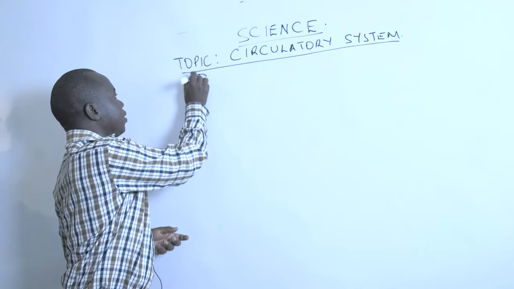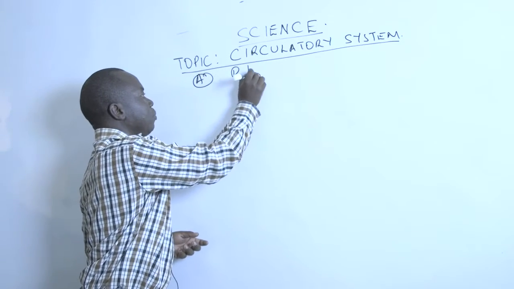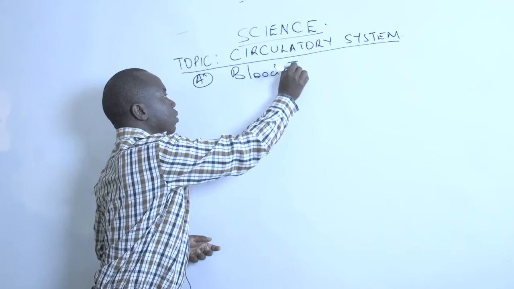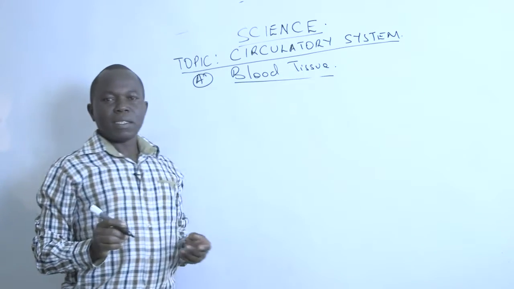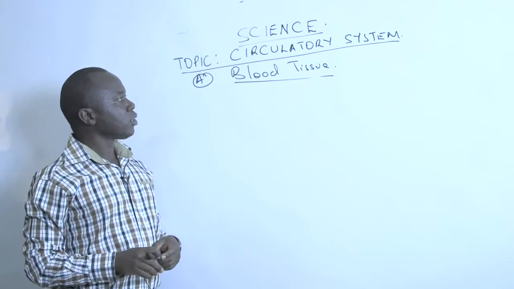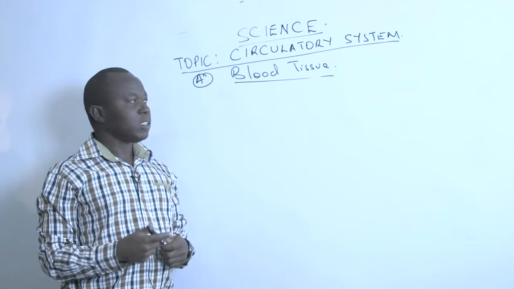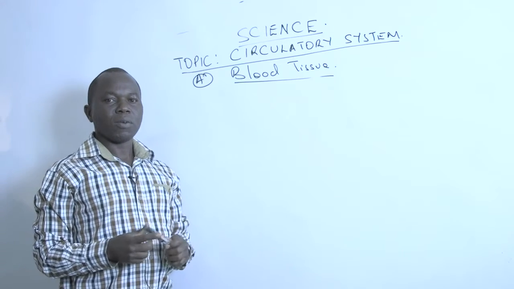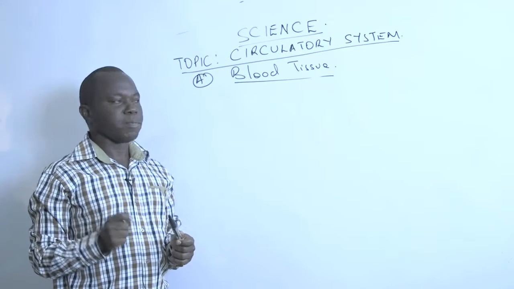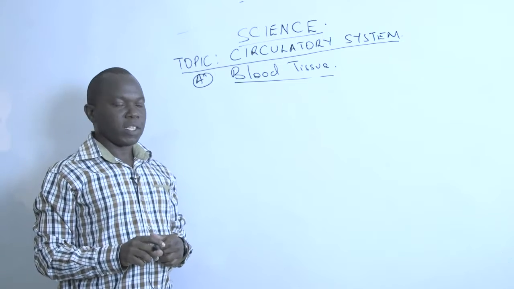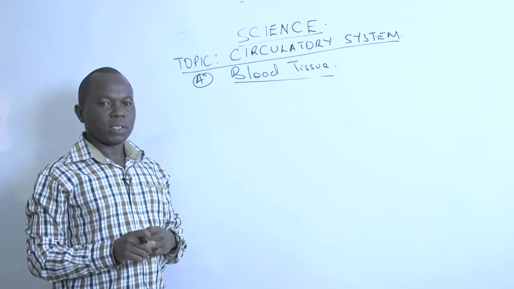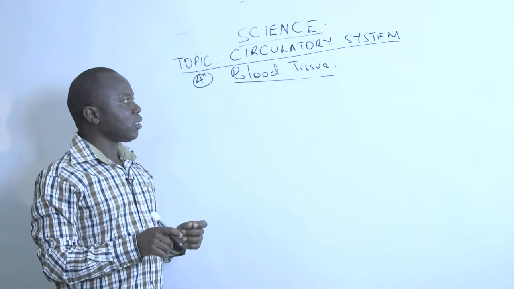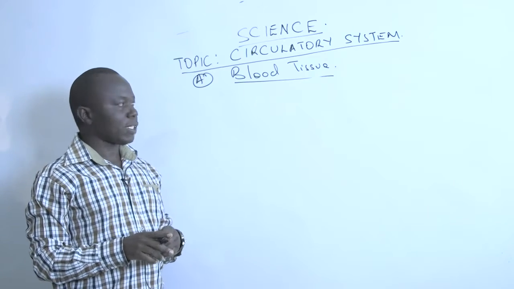So the first part that you have mentioned is the blood tissue. Blood is a tissue because, remember when we defined a tissue, we said it's a group of cells that perform a specific function. So blood consists of several cells and also plasma.